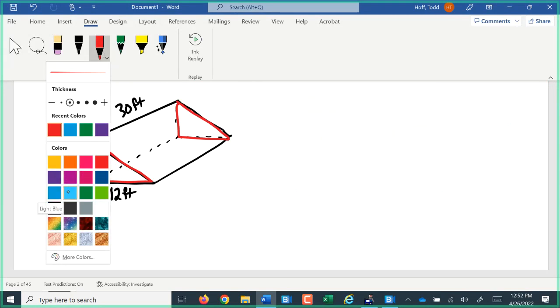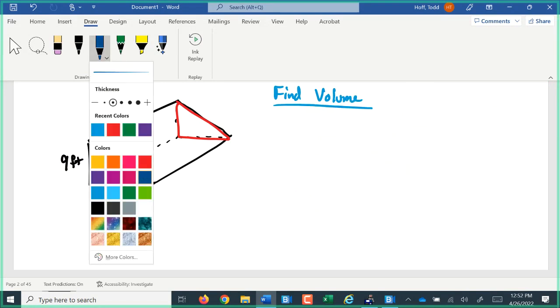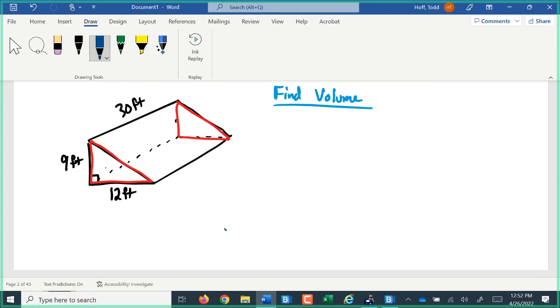If I ask you to find volume, again, where do I start? 9 times 12. Find the area of the base, which is 9 feet times 12 feet.